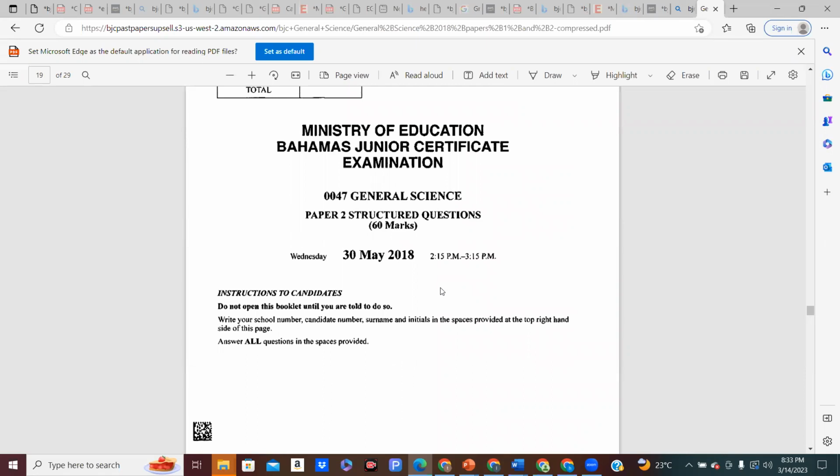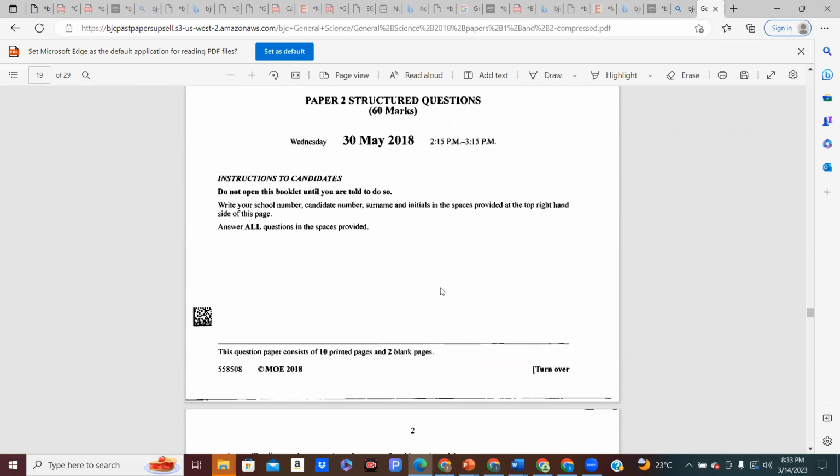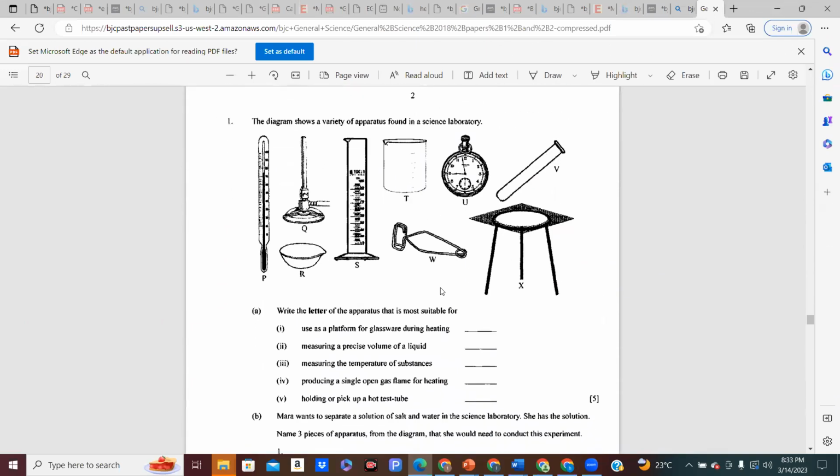So let's do that. The first one is all about the instruments we use inside the lab, and that's what we have right there.